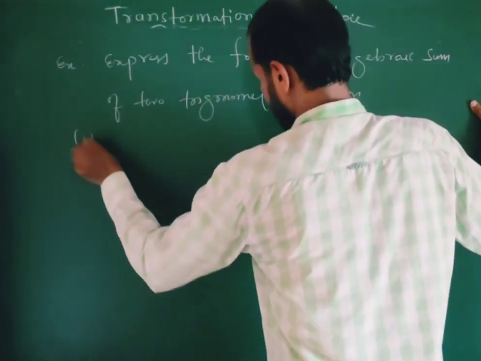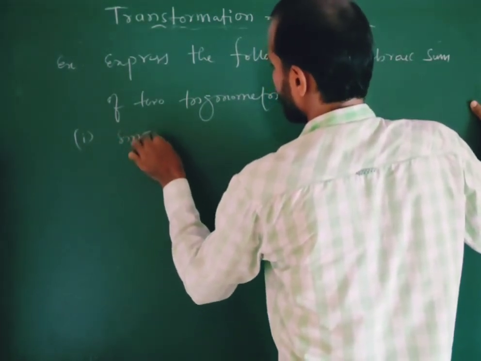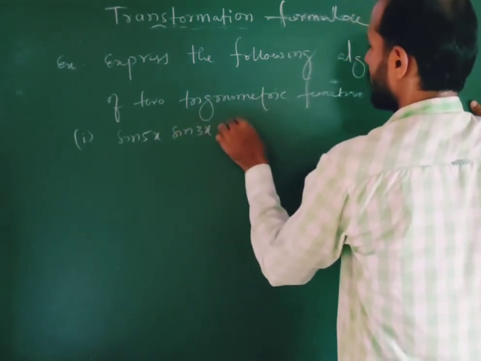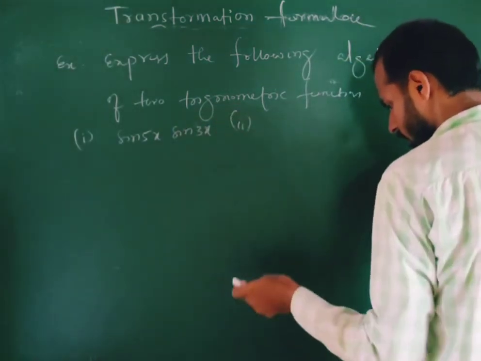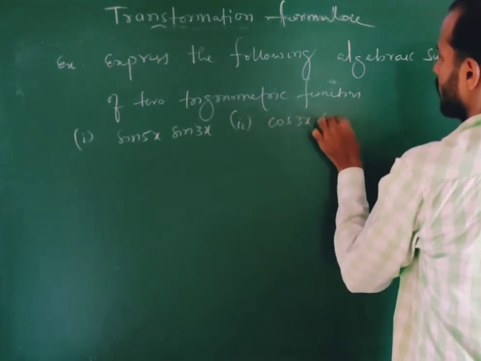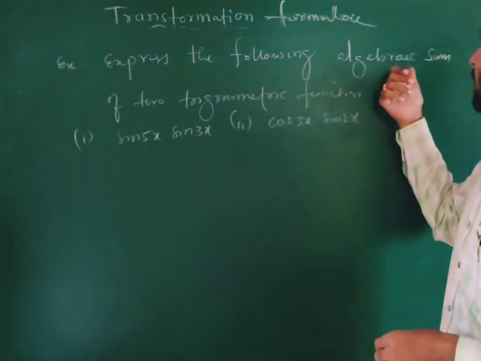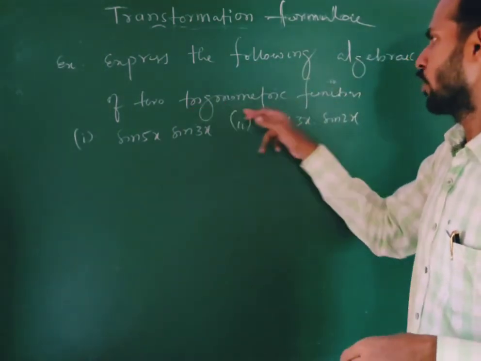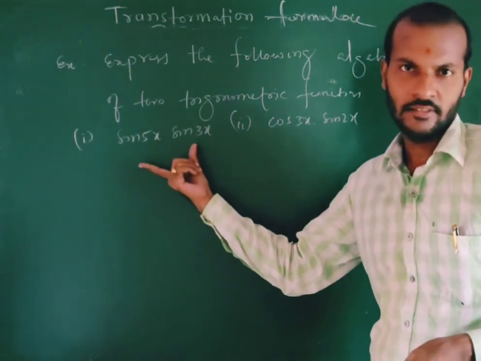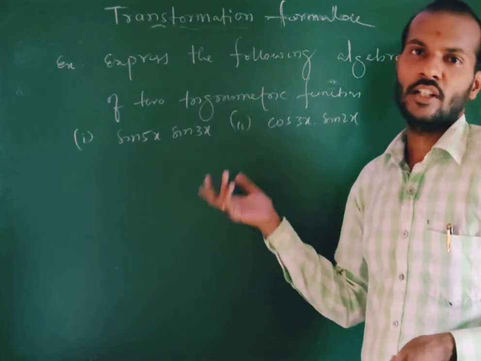First one is sin 5x into sin 3x. Second one is cos 3x sin 2x. Now they are asking to express the following as an algebraic sum of two trigonometric functions. Now it is in the form of product, right? Which we have to convert in terms of sum of two trigonometric functions.